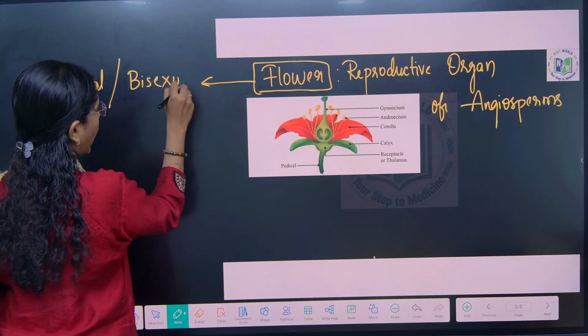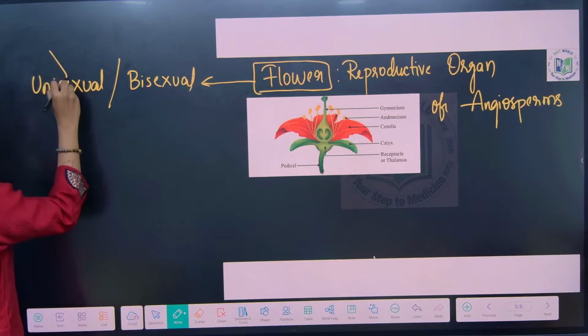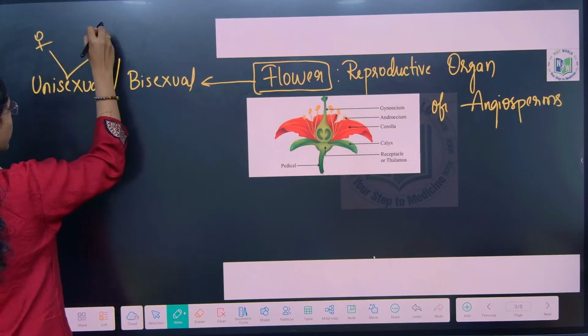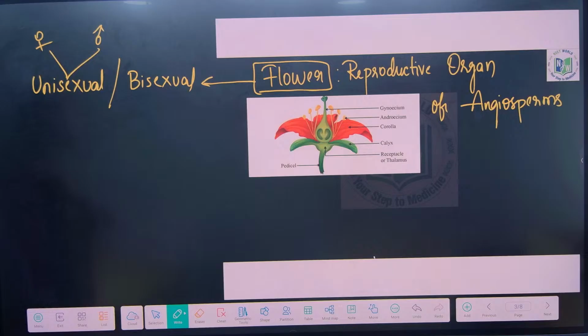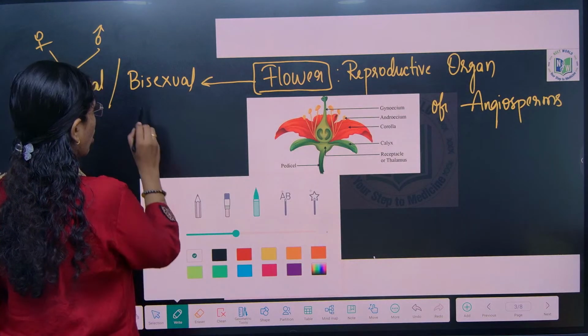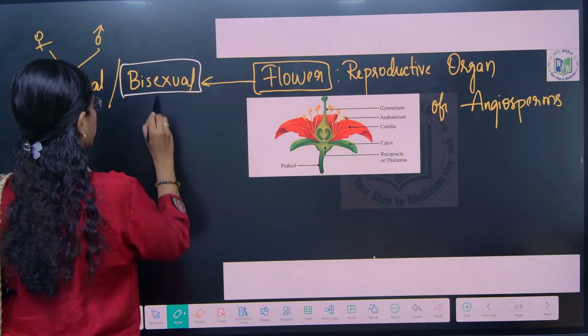Unisexual, it can either have male reproductive structure or female reproductive structure, any of that will be present in the flower. But in a bisexual flower, you will see both male and female reproductive structures.